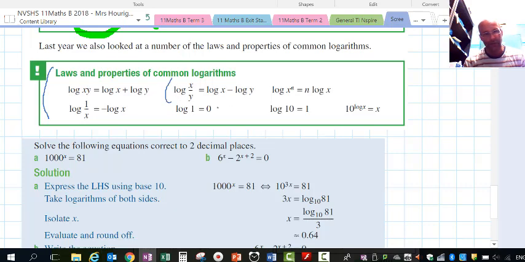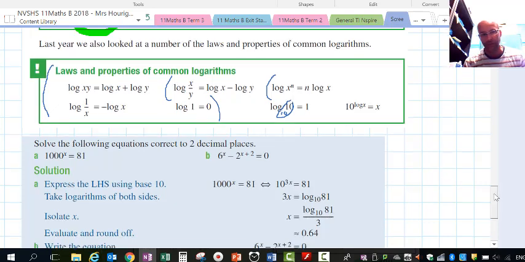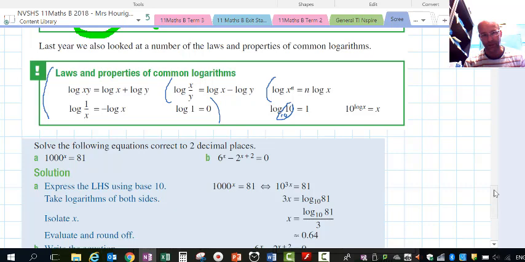The quotient, log of 1 is 0, and the log of x to the n becomes n times log x. Log of 10 to base 10, if it's base 10, equals 1. Any log which has these two numbers the same comes out as 1. And 10 to the log x equals x. All work from last year. Important we copy these down.